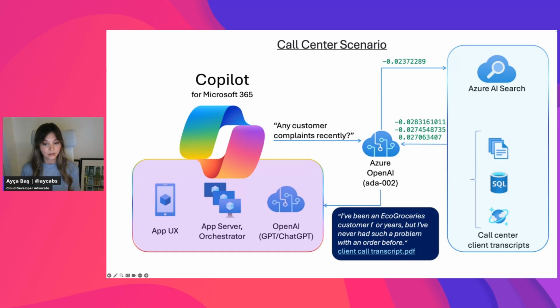As you see here in the text, it says, I've been an Echo Groceries customer for years, but I've never had such a problem with an order before. There's no word complaints, but with the power of vector search and semantic search together, I should be able to find customer complaints right away in text, which is super powerful.